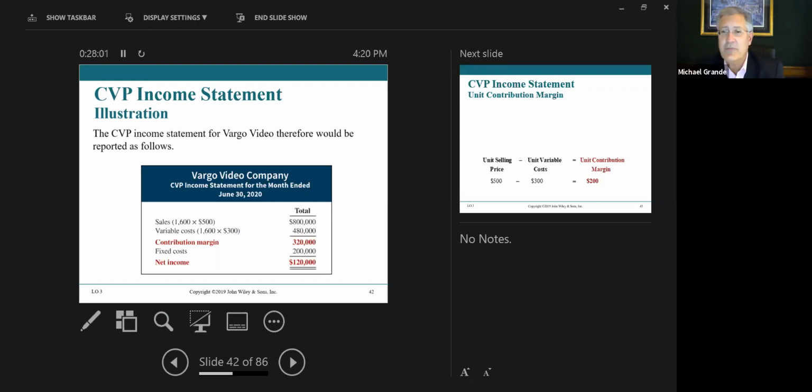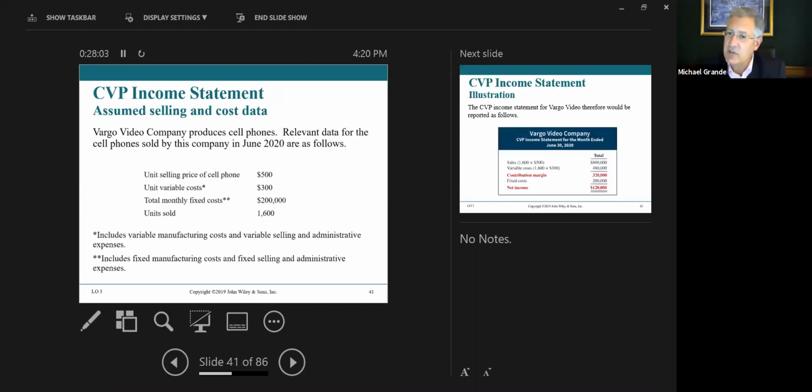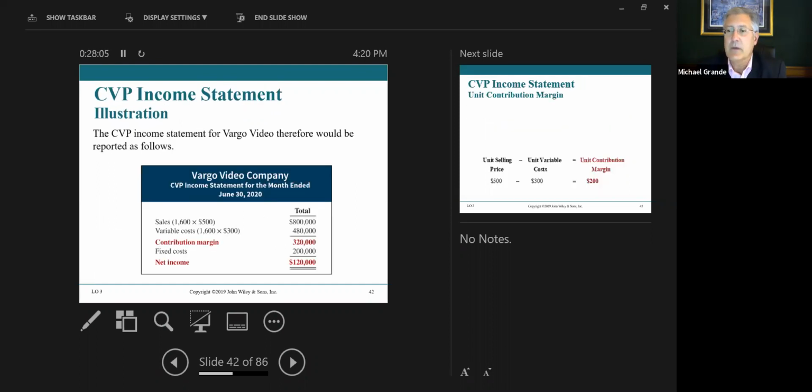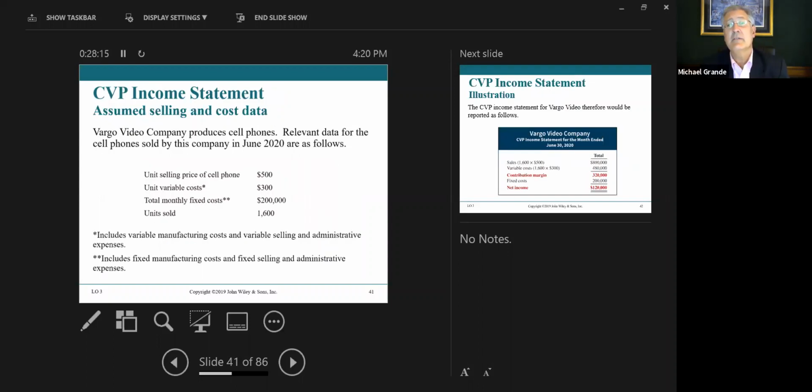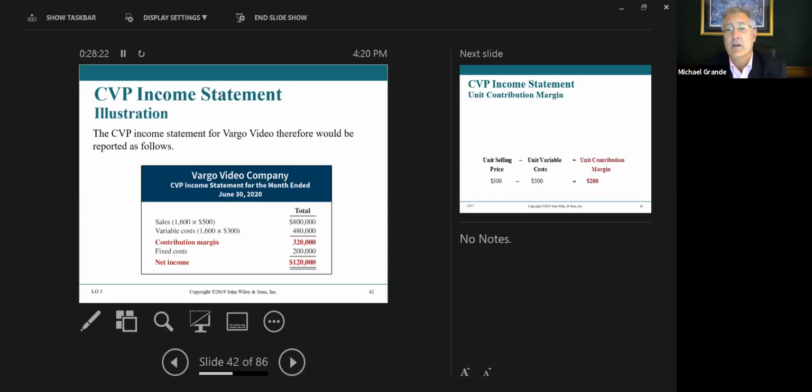Where do these numbers come from? They come from the previous slide. We have a contribution margin of $320,000. Let's subtract our fixed cost of $200,000, again from the previous slide. Remember, fixed costs stay the same regardless of activity level. Net income, $120,000.